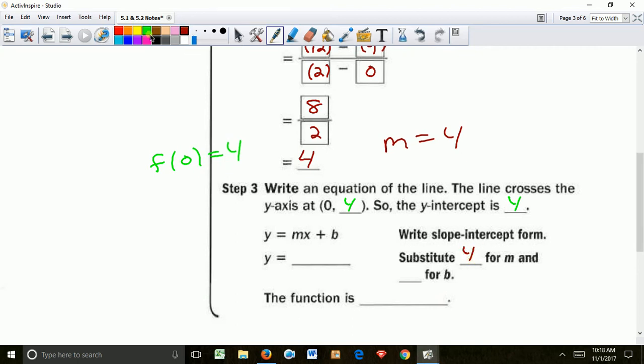If you see in the red right there, the y-intercept is the green 4. So in this particular case, writing this in slope-intercept form, you get y is equal to 4 times x plus 4. And then writing this in function notation, you would get f of x is equal to 4x plus 4.